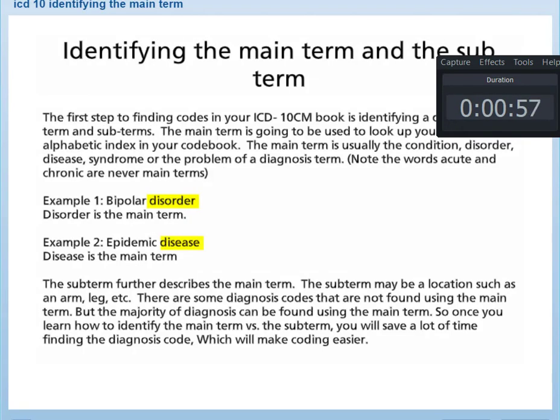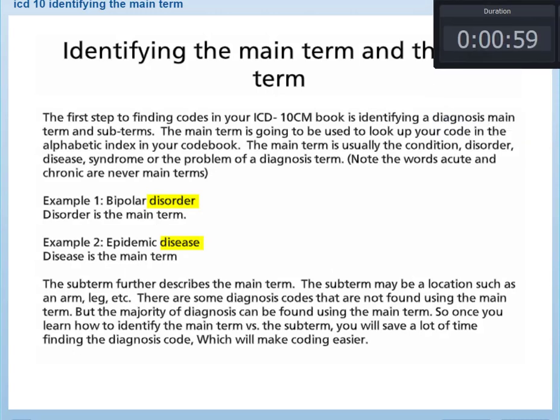Okay, so the first step to actually finding codes in your ICD-10-CM book is identifying what your main term is and knowing what your subterm is. Once you can identify what they are, you will be able to look up your ICD-10 codes in your alphabetic index. So let's start with the example on the screen.